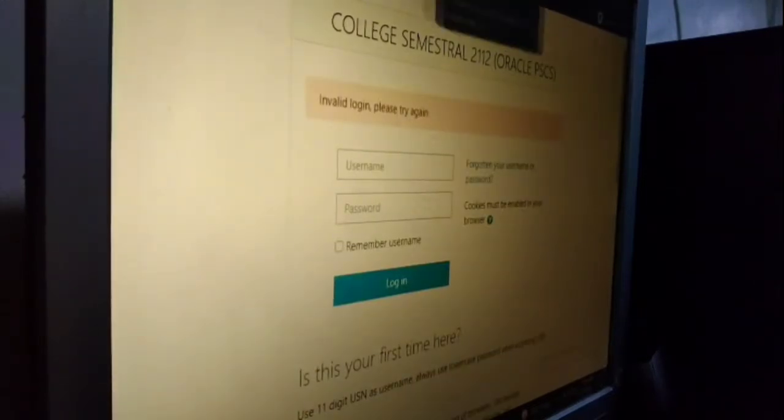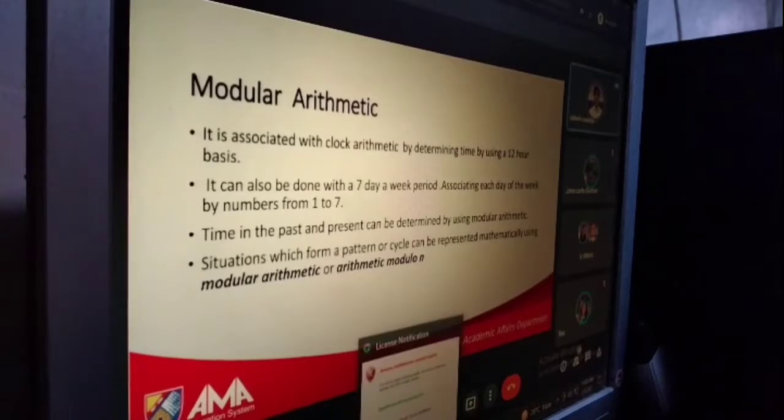So situations which form a pattern or cycle can be represented mathematically using modular arithmetic. It can be called the arithmetic modulo n, represented as small letter n.